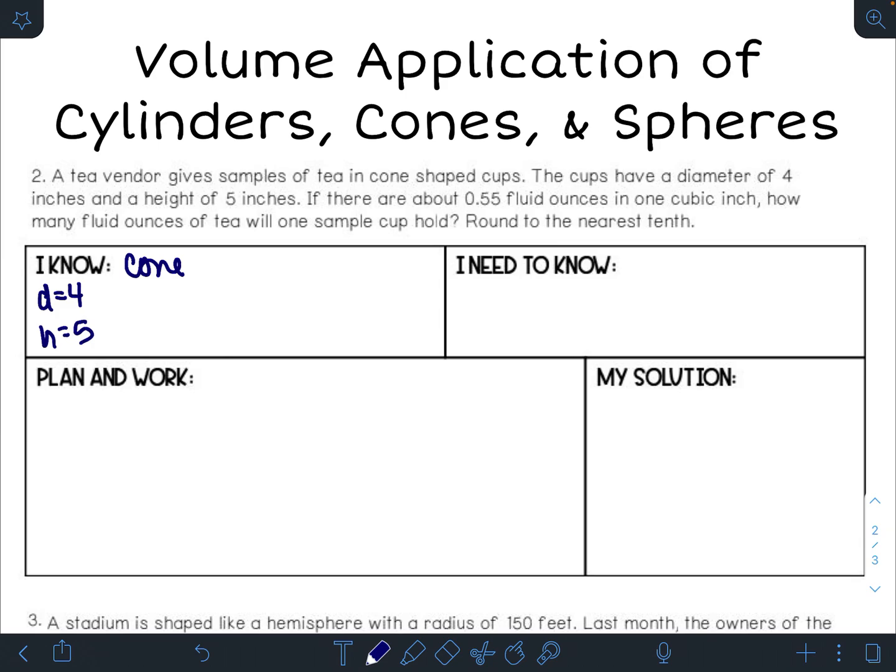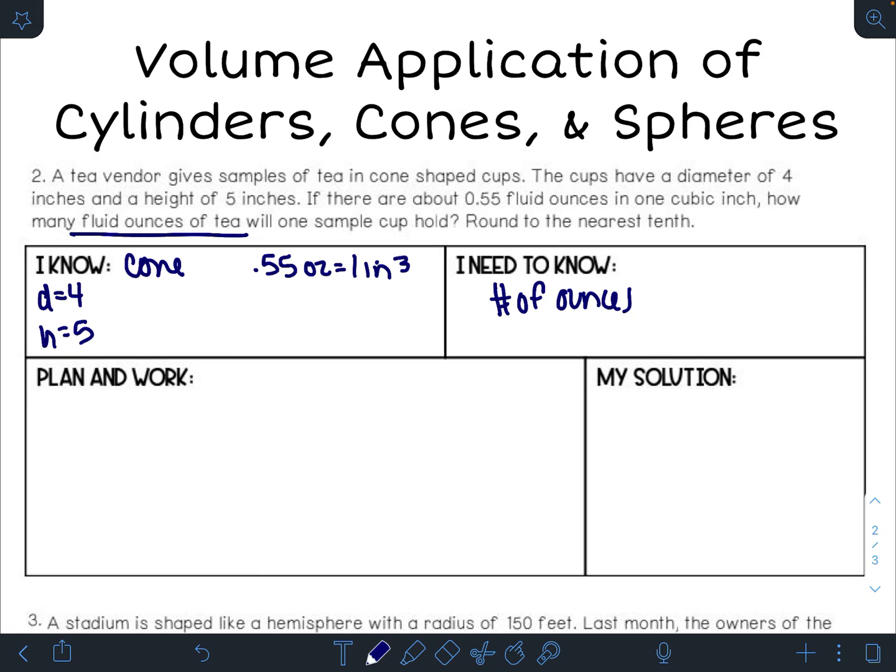If there are about 0.55 fluid ounces in 1 cubic inch, how many fluid ounces of tea will there be? So the number of ounces is what I'm looking for.